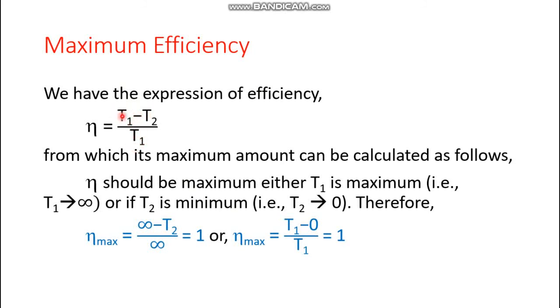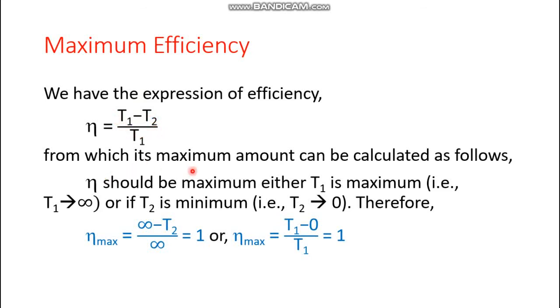So if T1 is infinity, or T2 is 0, then the maximum value of eta can be obtained. In both cases the result should be 1.